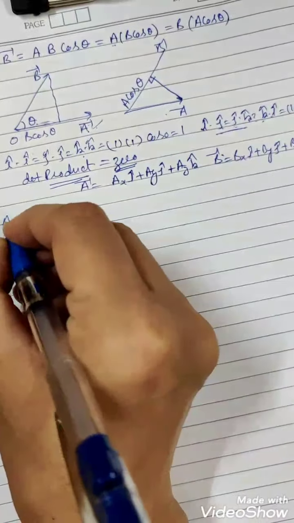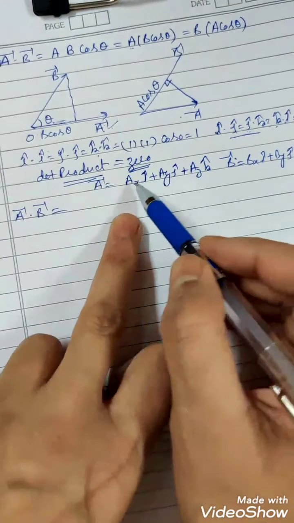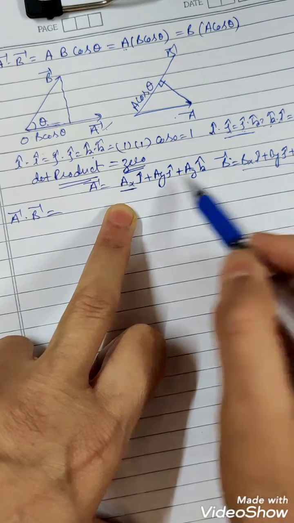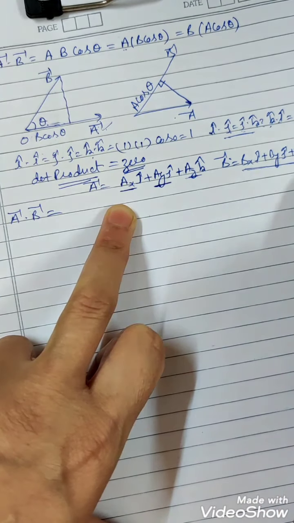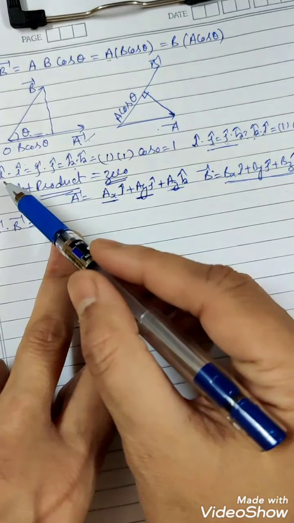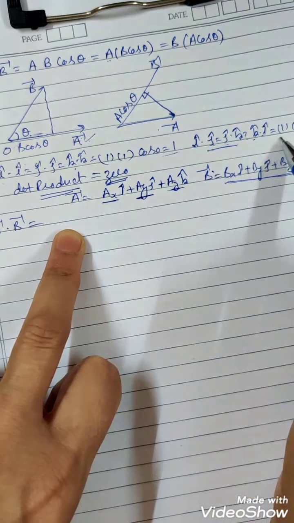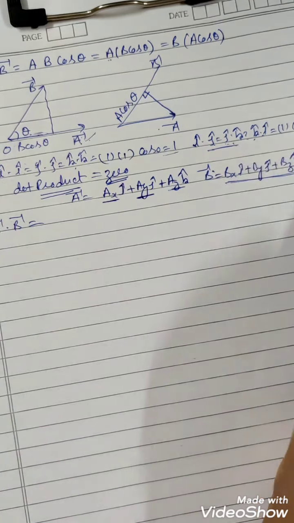Now when we find A dot B, we multiply AX with all these coefficients, then AY with all these, then AZ with all these. But I dot I, J dot J, K dot K is 1, and the others, which are perpendicular, are 0.